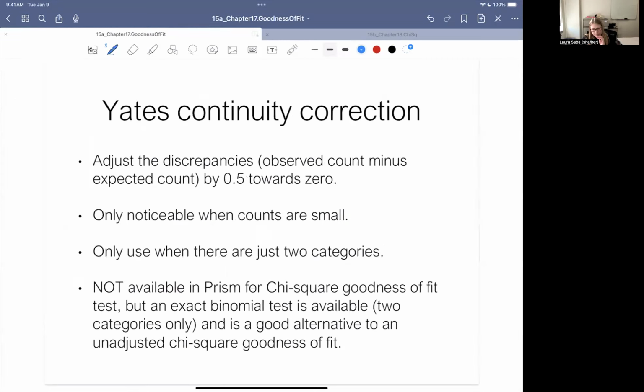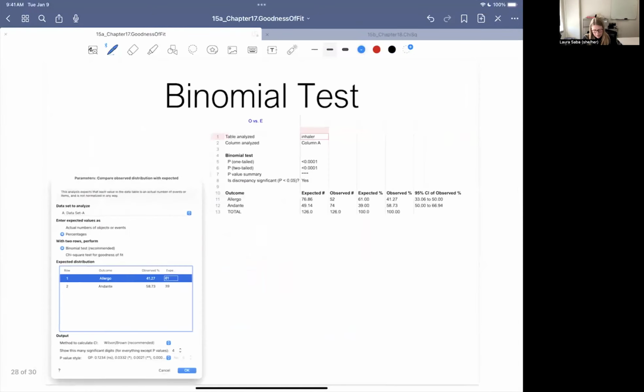The Yates continuity correction for the goodness of fit is described really well in the book, but it's not applicable in PRISM. What is in PRISM is the exact binomial test, which is very, very close to what we're talking about with the Yates continuity correction, and actually even better. So instead of doing a Yates continuity correction, we use that binomial test.